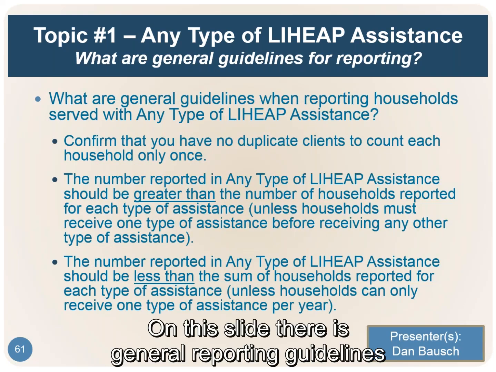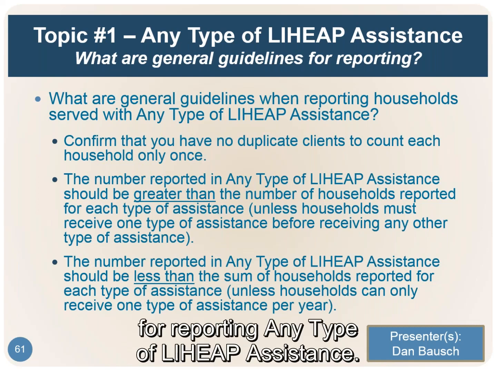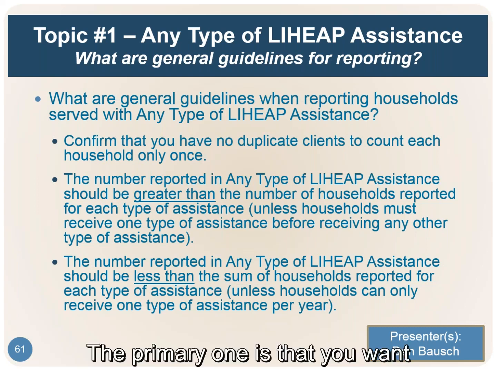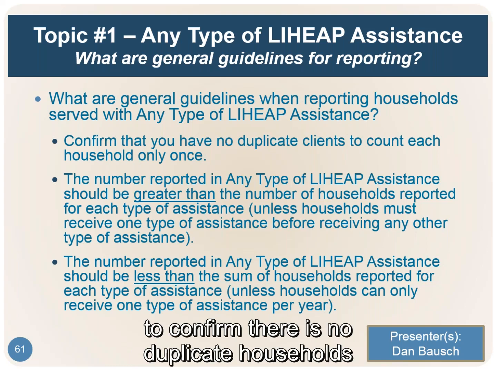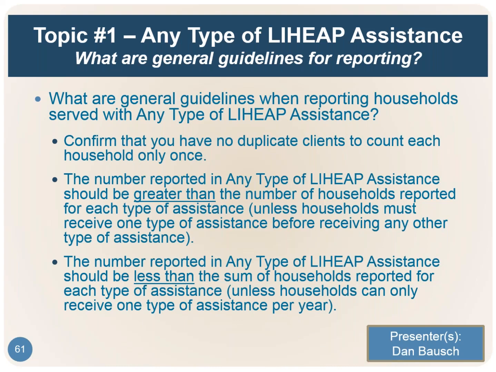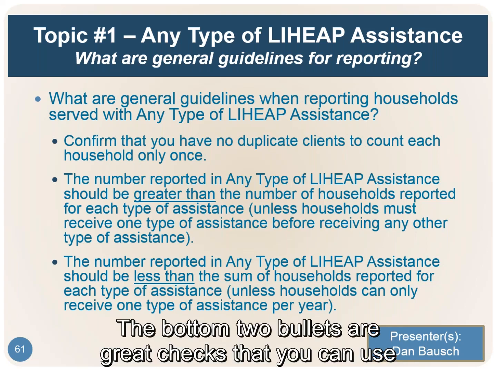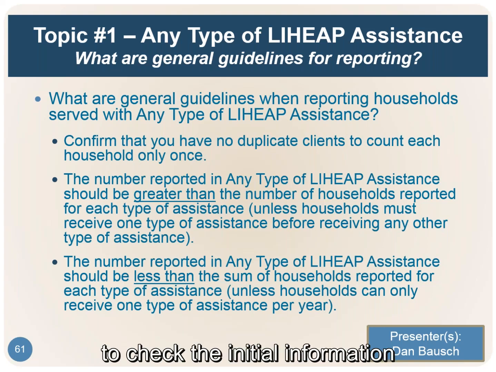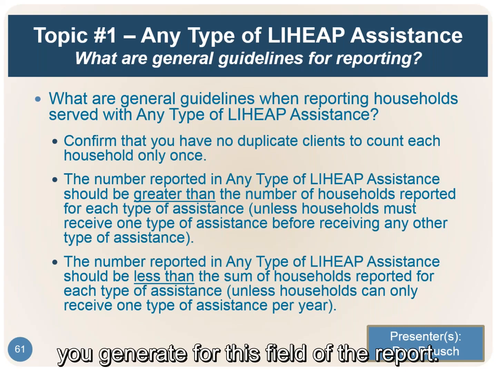On this slide, there's general reporting guidelines for reporting any type of LIHEAP assistance. The primary one is that you want to confirm there's no duplicate households when you're counting this statistic. The bottom 2 bullets are great checks that you can use to check the initial information you generate for this field of the report.